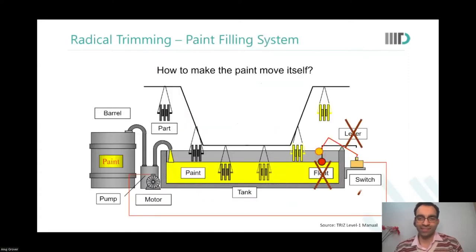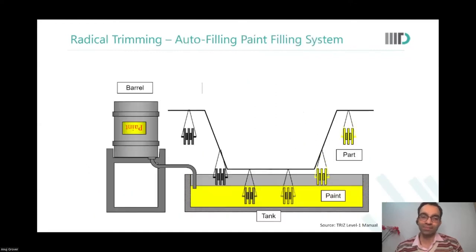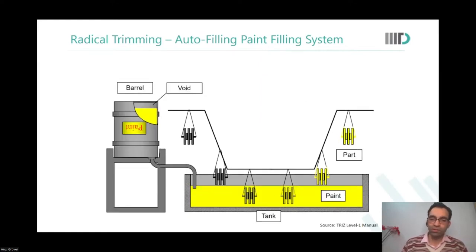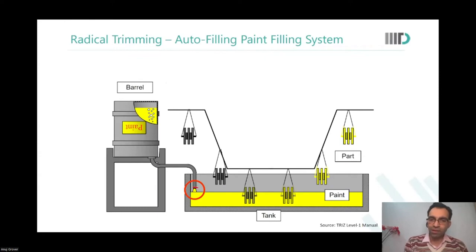Look at this. I'm so happy. You guys have arrived at the answer there. See, this is the answer. As soon as the level of the paint goes lower than this level, what happens? The pipe can now suck in air. The air will go up and the paint would move into the tank.